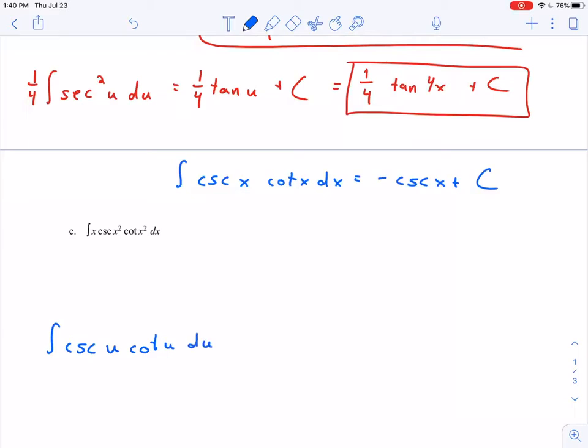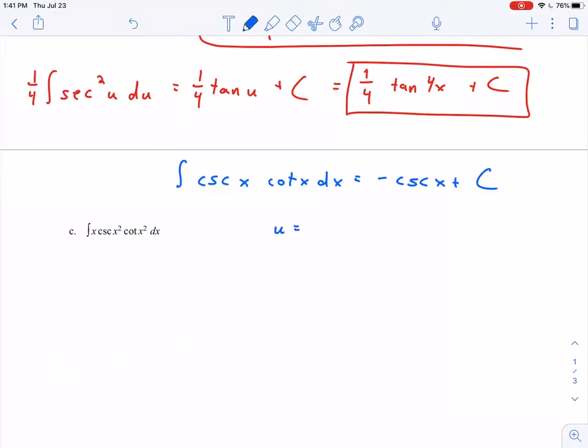That's my goal, because if I can make it look like this, then it will behave exactly like the integral of cosecant x cotangent x. So our u should be whatever's inside of cosecant and cotangent. And lucky for us, we have the exact same thing. We have x squared inside of both of those two functions. So we're going to choose that to be our u here.